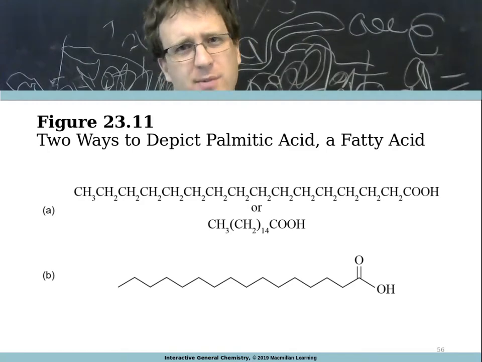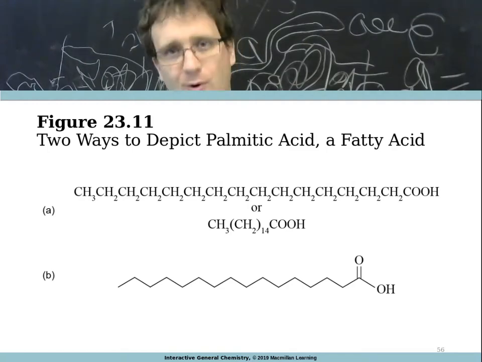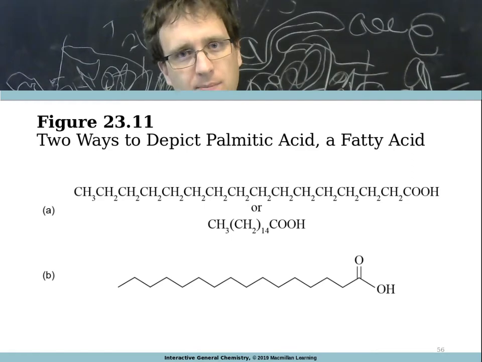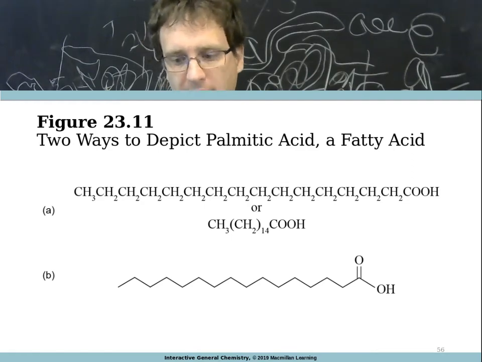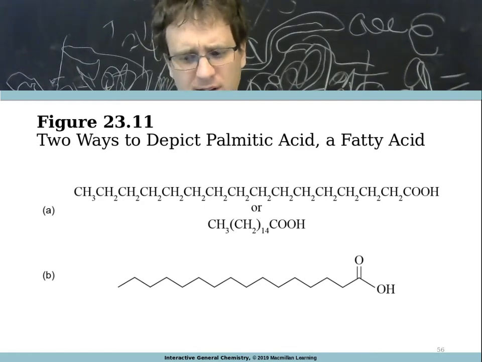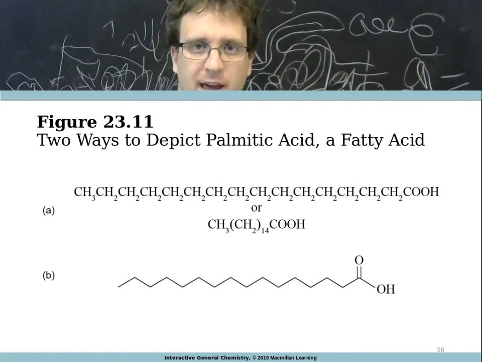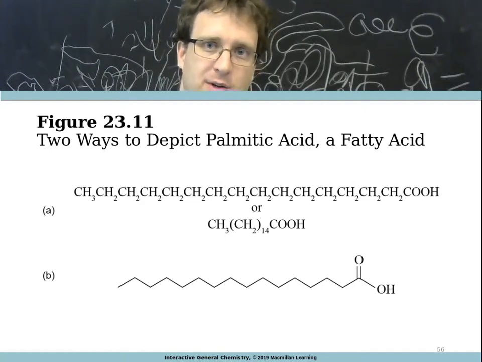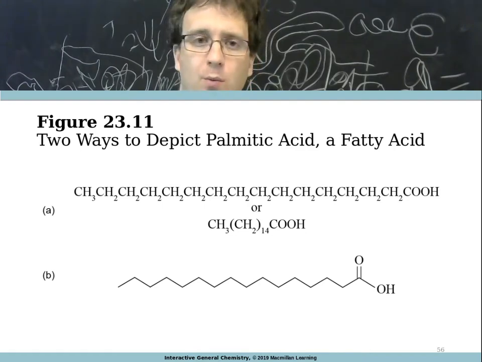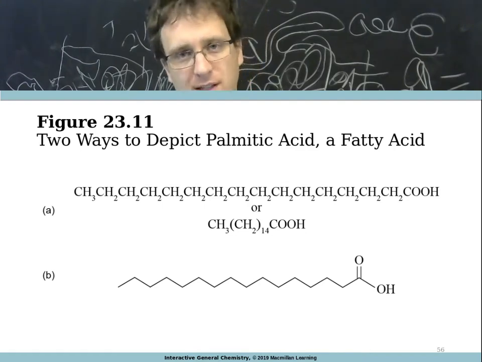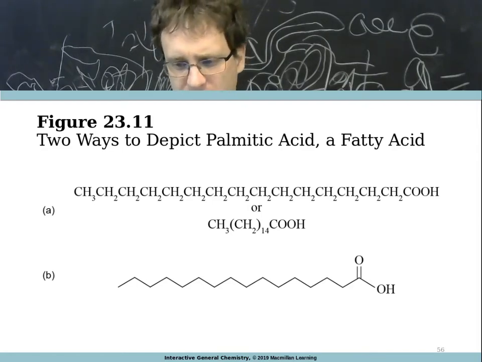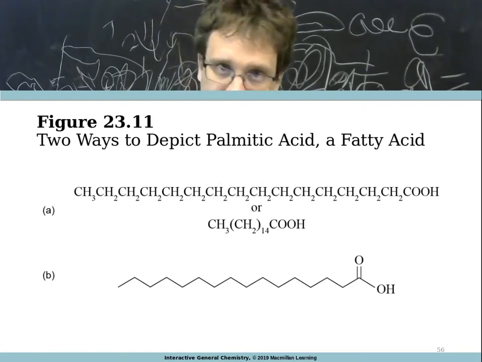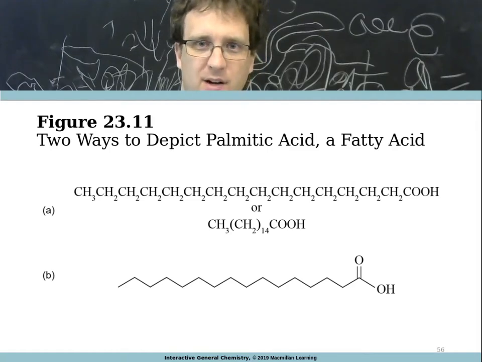But down at the bottom is really the way that moving forward you're going to be drawing organic molecules. And so this looks like a zigzaggy line. Every end or vertex should be considered a carbon atom with as many hydrogens as it needs to form a total of 4 bonds. And so you'll notice that on the carboxylic acid end, instead of just having a line that ends like on the other end, you write an OH.